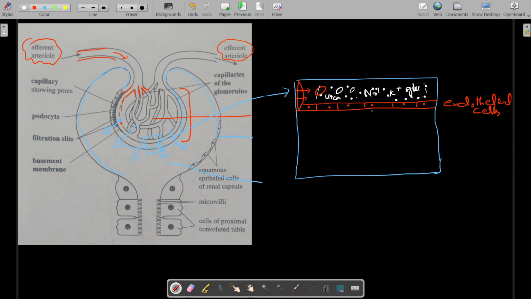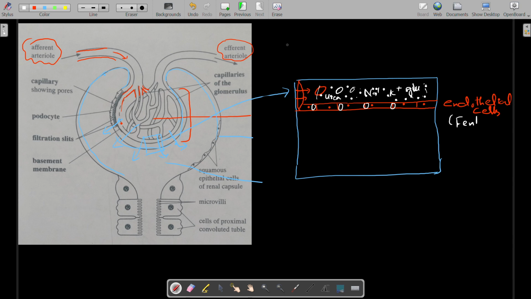Now see, this endothelium, which makes the lining of your blood vessels including your capillaries, has small pores in it, so it is perforated. We also use the term that this wall is fenestrated.